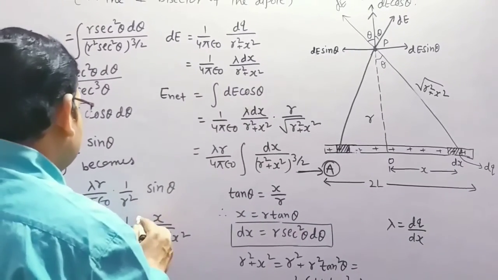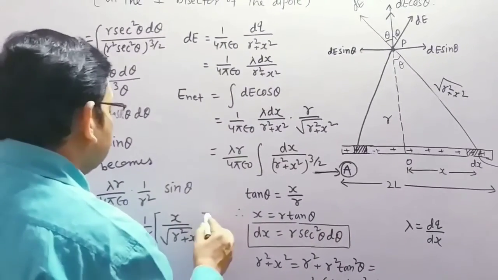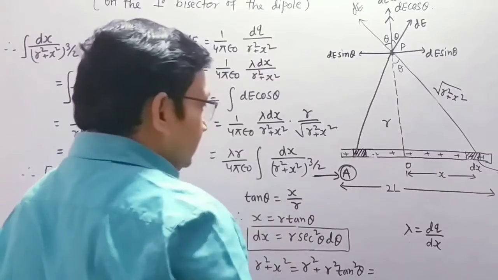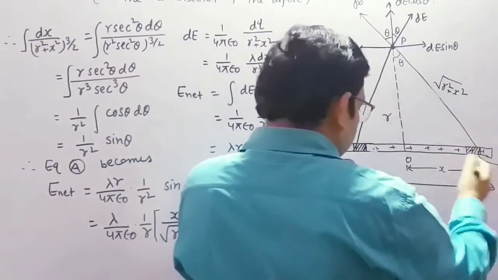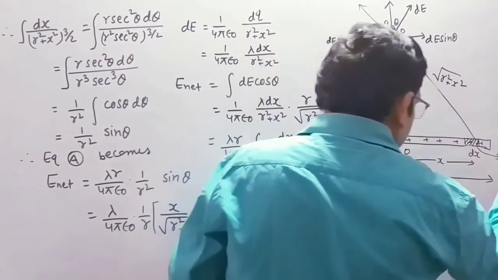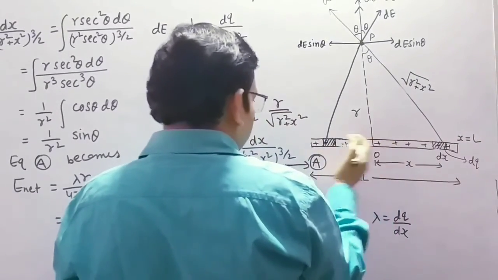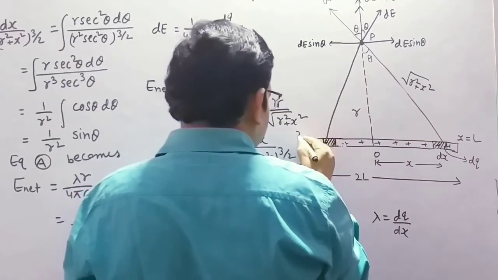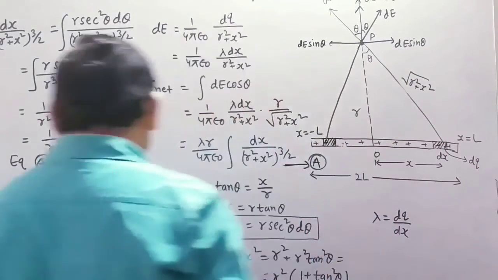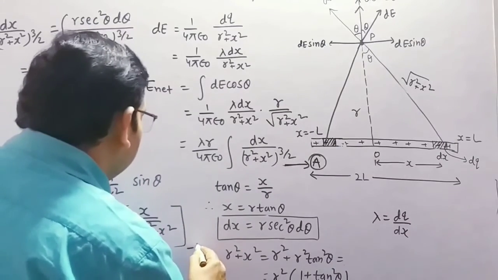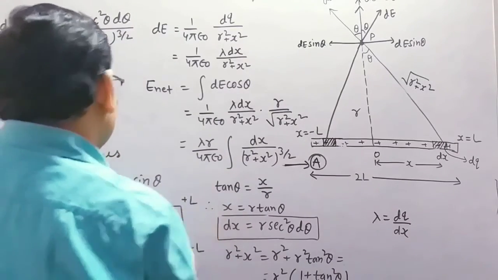Now the limits for this one: this rod is extended, total length we have taken 2l, so from 0, x is equal to l, and from 0 to the left hand side, x can be written as minus l. So x varies from the lower limit minus l to plus l.